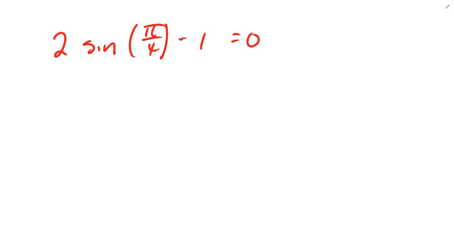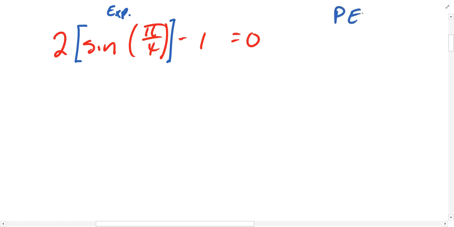Now, in a sense, this trigonometric equation right here operates at the level of exponents in the order of operations, so I'm going to simplify it first. So if we're thinking about the order of operations, exponents have to be done before multiplication and division, and those are both done before addition and subtraction.